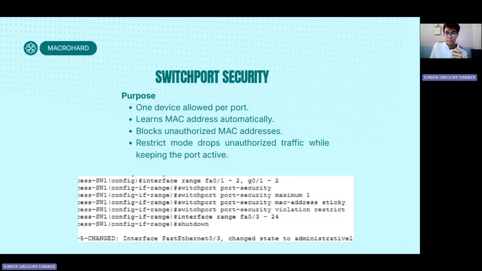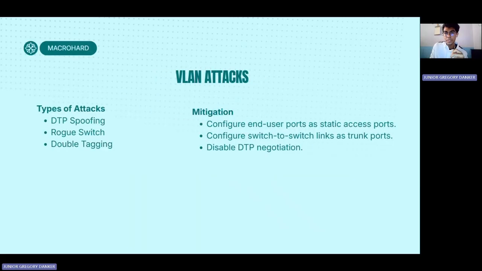The violation mode we use is restrict. With restrict, it will drop any unauthorized traffic while keeping the port operational without shutting it down. For any unused port, we will use the shutdown command to prevent users.